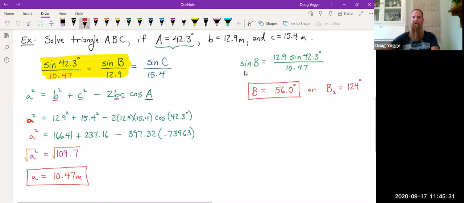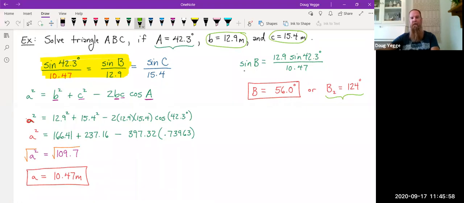Every time you get two angles or two potential different triangles, you have to really think a little bit about whether or not that's possible. If B was equal to 124 degrees, then that would mean side B would have to be the longest side because 124 degrees would be the biggest angle. But if you look up here, B is not the biggest side. C should be the largest side.